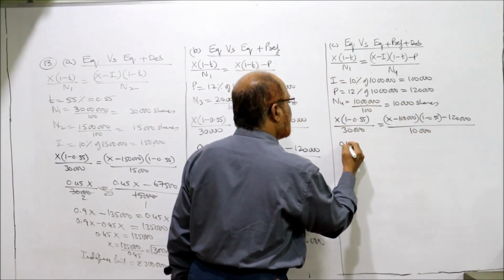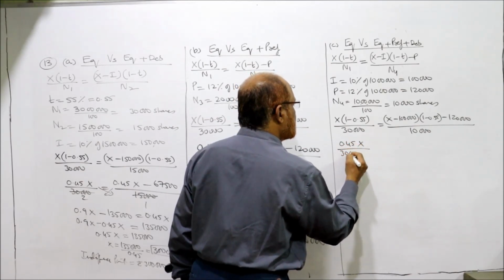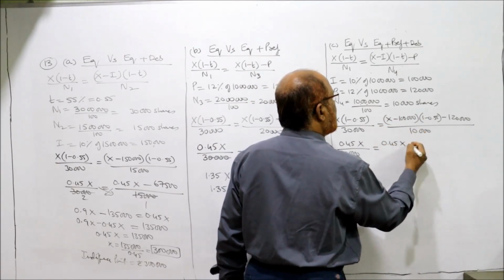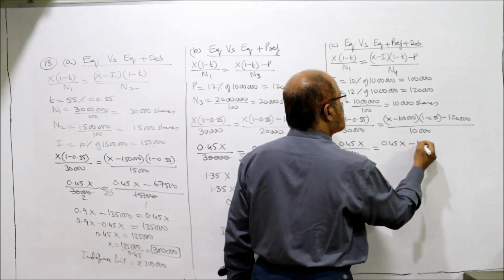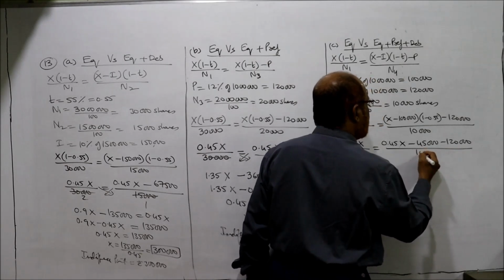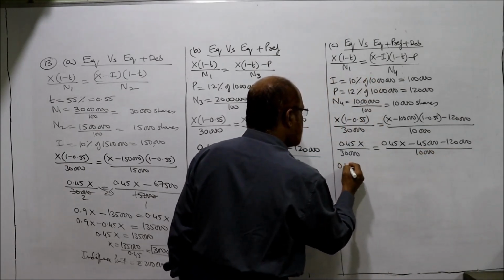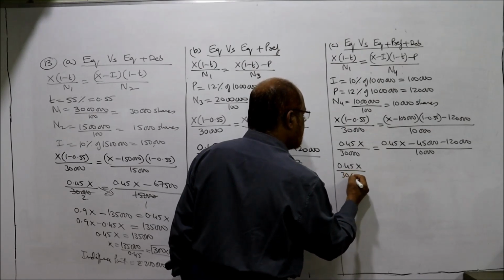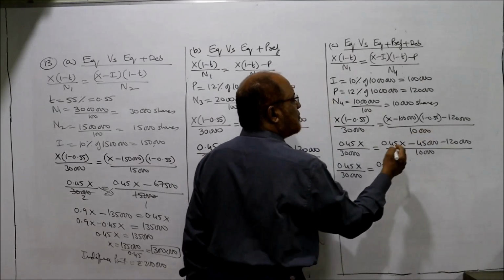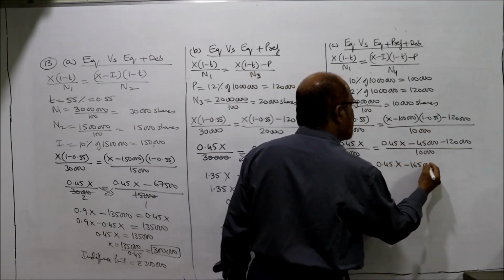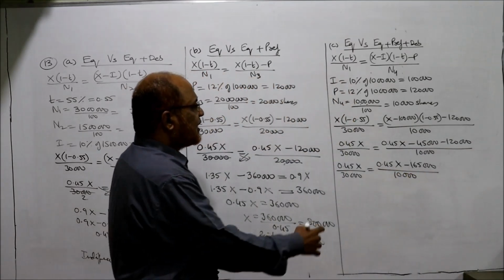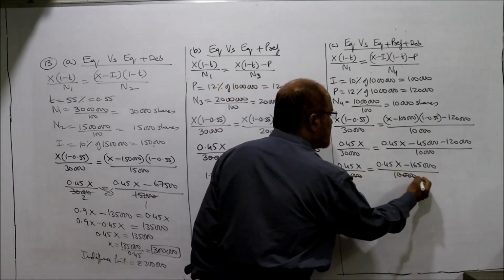Now 0.45x divided by 30,000 is equal to 0.45x minus 0.45 into 1 lakh is 45,000, minus 1,20,000, which is minus 1,65,000, divided by 10,000. Now 4 zeros we can cancel, 4 zeros on LHS and 4 zeros on RHS.